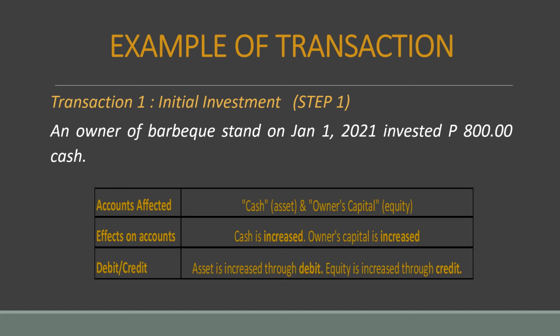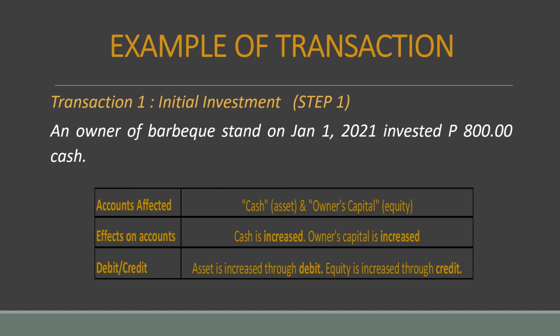So, now that we know the 2 accounts that are affected by that initial investment transaction, then the third step in transaction analysis is we ascertain whether each account is increased or decreased by the transaction. So, yung 800 pesos na investment ni owner, ano yung effect niya sa cash? So, since pumasok tayo ng cash, nagkaroon ng cash si company.